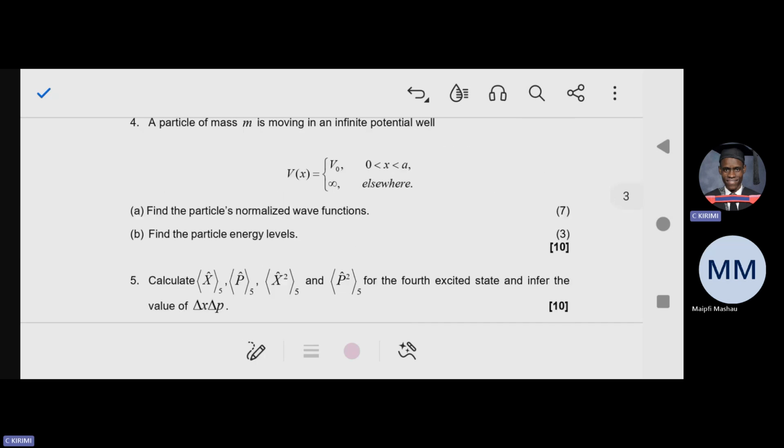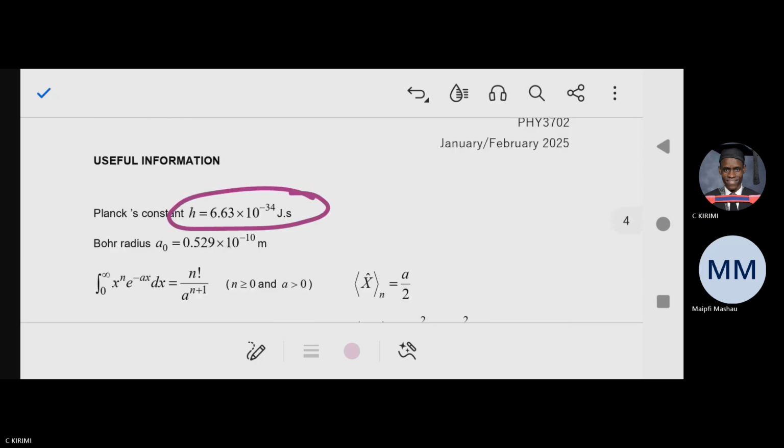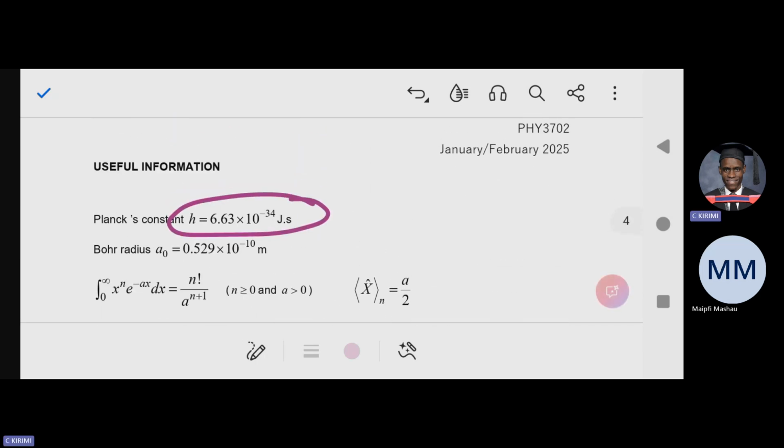On our question paper we were given h, the Planck constant. Then just say h over the mass of the electron multiplied by the speed of light. That's where we are getting this value. So the Planck constant, 6.63 times 10 to the power negative 34.